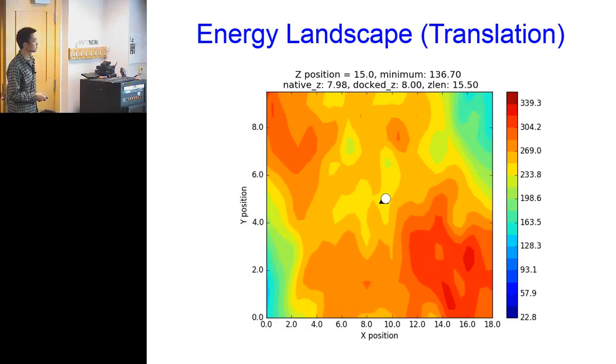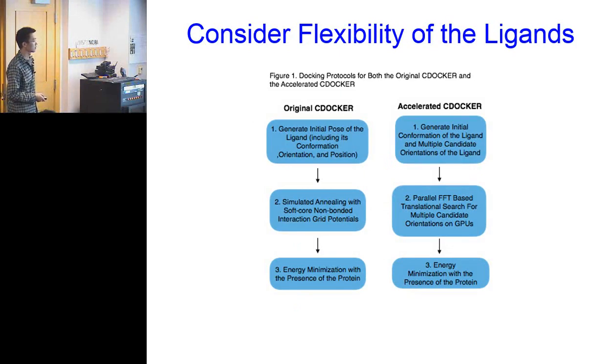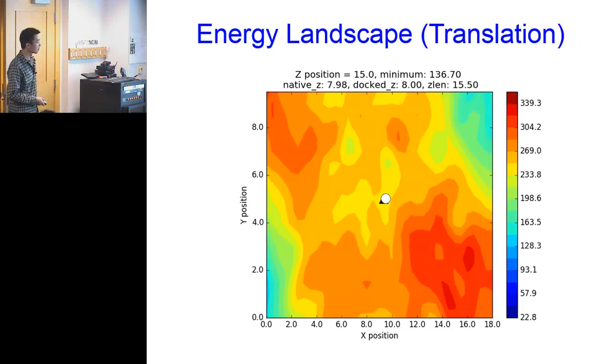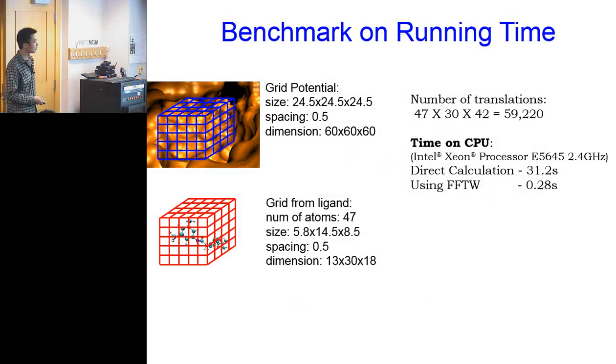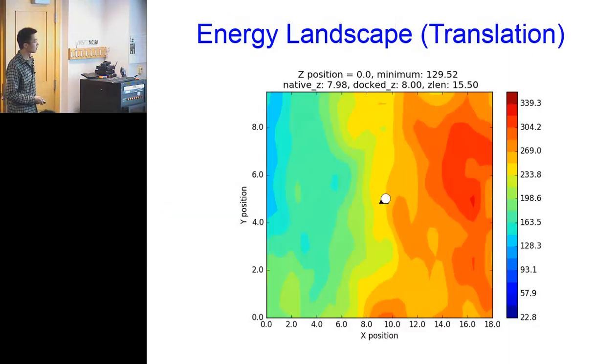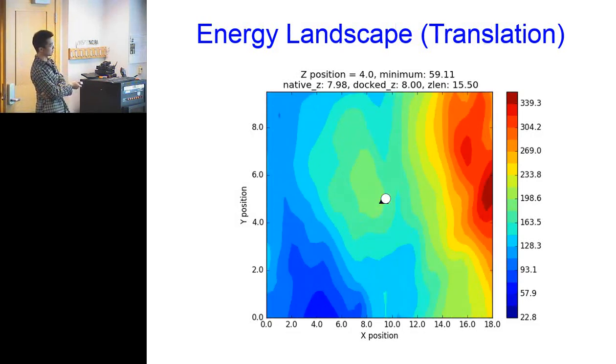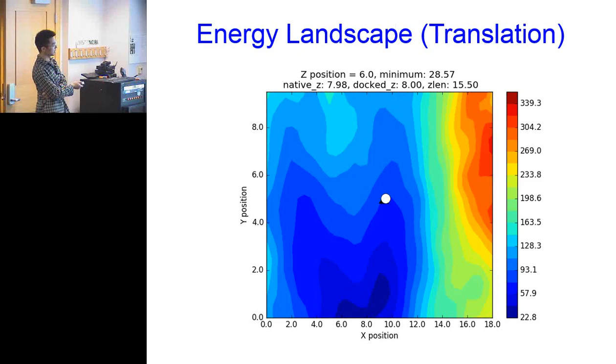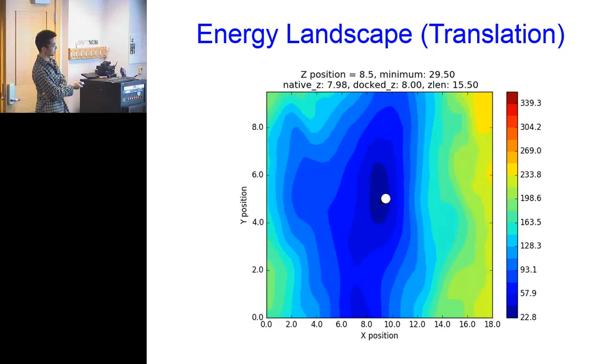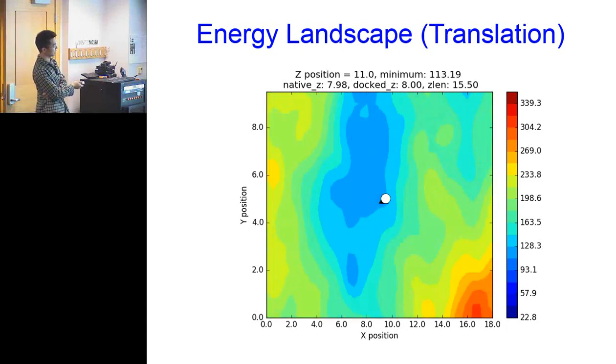As you can see, we can find a local energy minimum. This is where the native pose is. You can see the native around here. We have a local minimum.